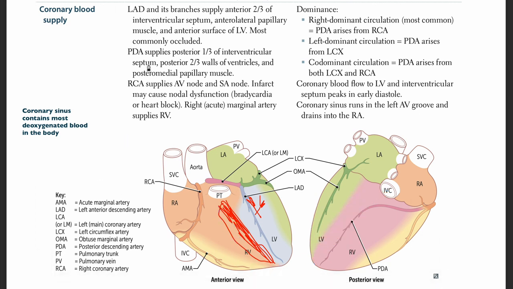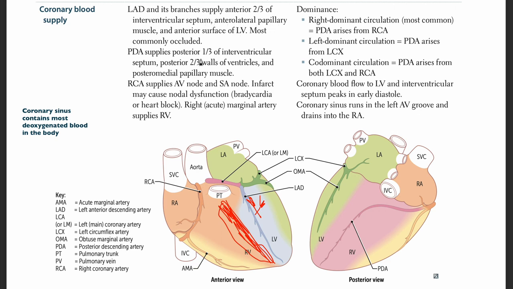Okay, so it supplies the posterior 1/3 of the interventricular septum, the posterior 2/3 of the walls of the ventricles, right? So the ventricle itself, its walls, it's going to supply, and posteromedial papillary muscle. So this one also supplies the valve muscles. The posteromedial ones. So this is the posteromedial, and this is the anterolateral.